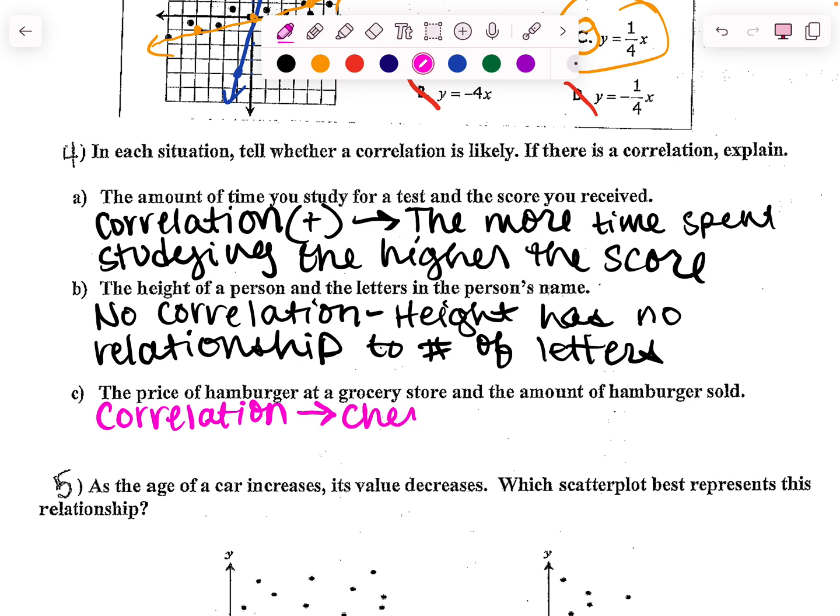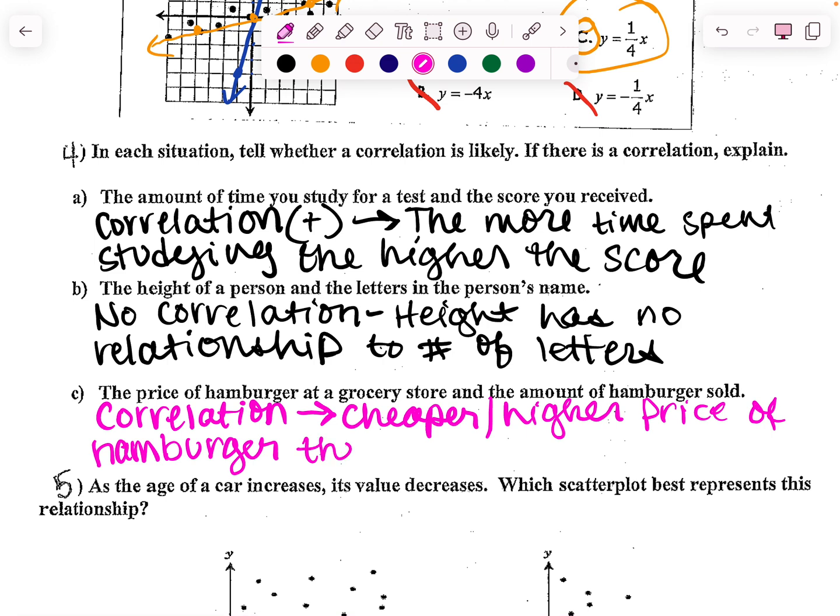The cheaper or higher price of hamburger, the more or less sold. Actually, this would be a negative correlation, right? The higher the price, the less sold. The lower the price, the more sold. Time on your x-axis. Does that make sense?